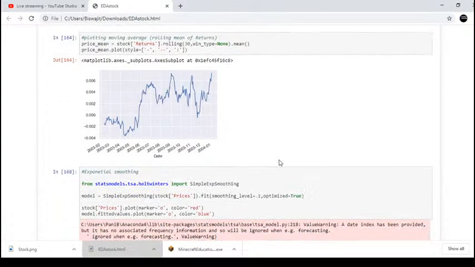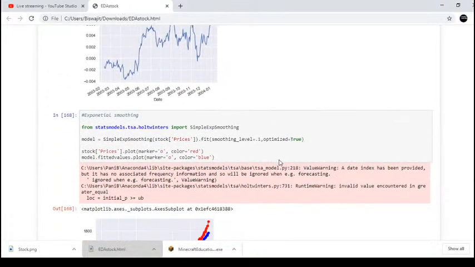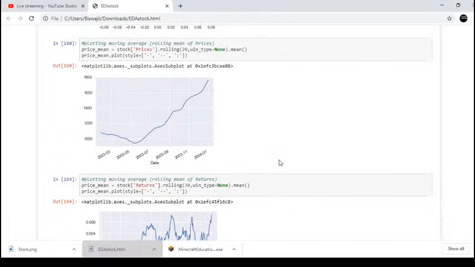Then exponential smoothing. With the rolling mean, the thing is that you give equal importance to all the preceding or historical observations of the time series, and that's not a good thing actually, because the nearer observations are more important than the farther ones, right? For example, for a time series Yt, Yt can be predicted in a better way using Yt minus 1 compared to Yt minus 2, and then Yt minus 2 is better than Yt minus 3, and so on.